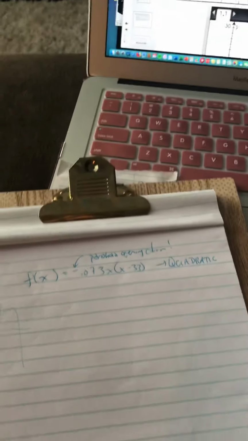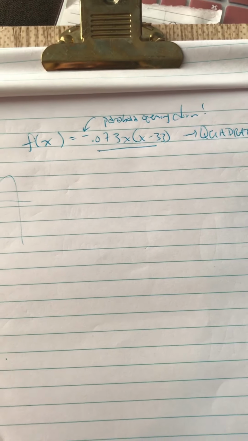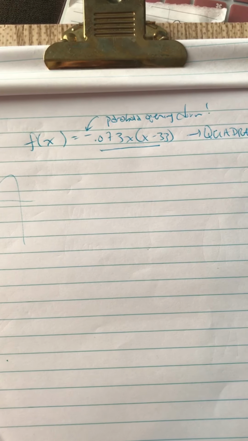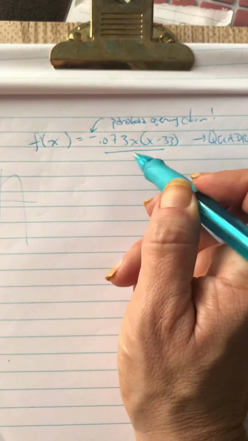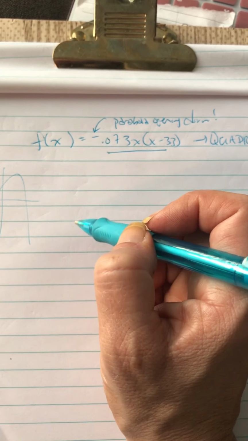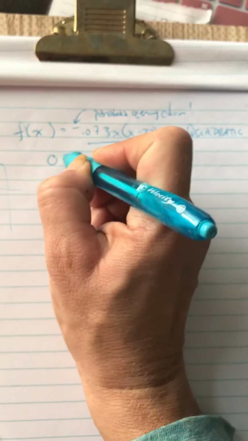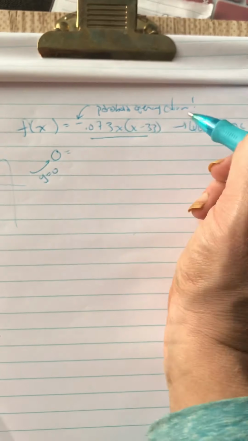Now, what else do I know? Ideally, I recognize this is in factored form, and you should hear the phrase intercept form. If I wanted to quickly find the x-intercepts, I could set f of x equal to 0, which is really code for y equaling 0.